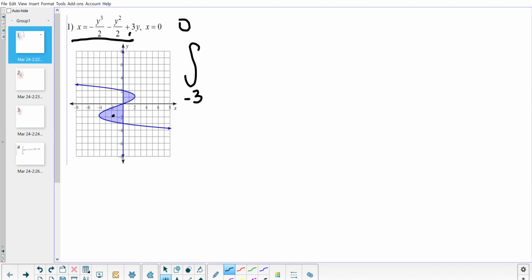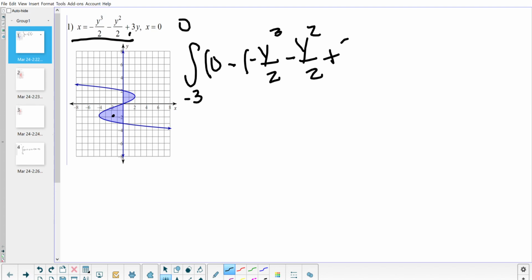So technically, it starts with 0 minus, and then it's -y cubed over 2 minus y squared over 2 plus 3y. So that is right, x equals 0, minus left, x equals that crazy thing, dy.